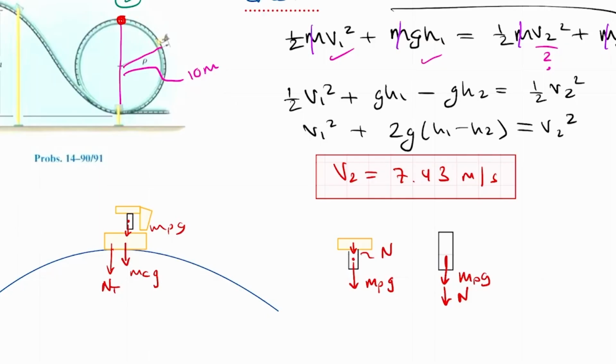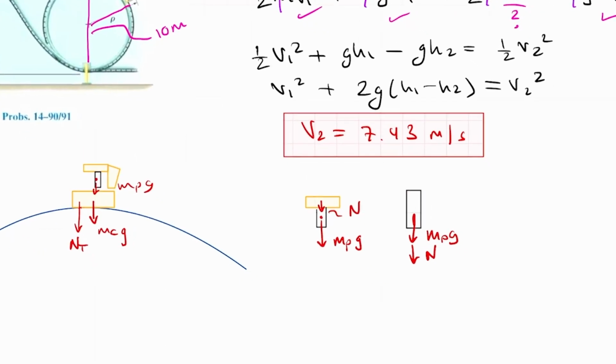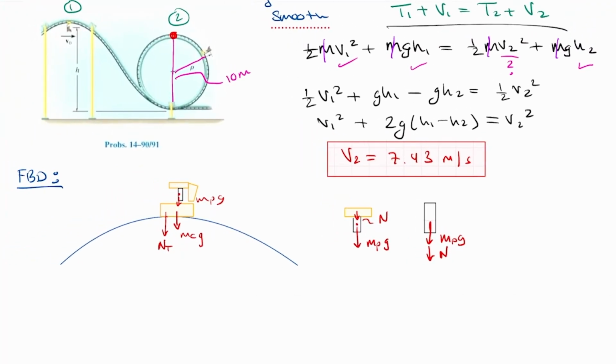So if we do here the summation of forces in the normal direction, we keep it in the normal-tangential components. So the summation of forces in the normal direction equals mass times acceleration in the normal. We're going to say that down is of course positive because it's towards the inside of the curve. This is our tangent direction, and this is our normal direction towards the inside of the curve.